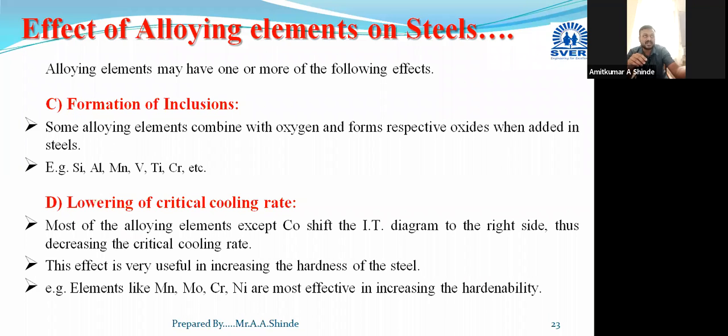Whenever you add these alloying elements into the steel, you can easily do the hardening of that steel, except the cobalt element. Except cobalt, if you add any other element, due to the addition of those alloying elements you can easily perform the hardening because it decreases the critical cooling rate. So this is the effect of alloying elements on the critical cooling rate.